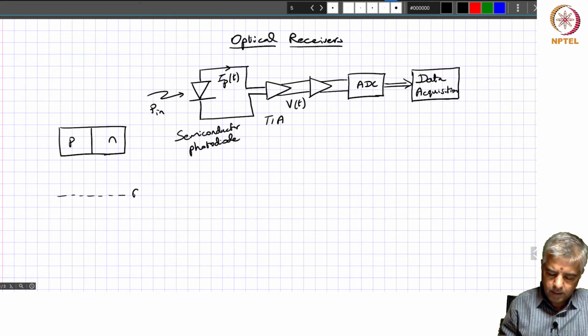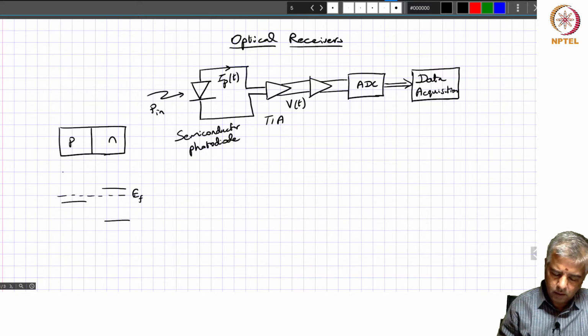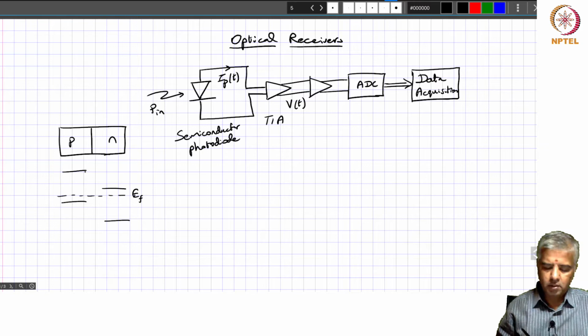This is your Fermi energy, and then for the n-type semiconductor, the conduction band is going to be closer to the Fermi energy with respect to the valence band, and in the p-type semiconductor it's going to be the other way. The valence band is closer to the Fermi energy compared to the conduction band.